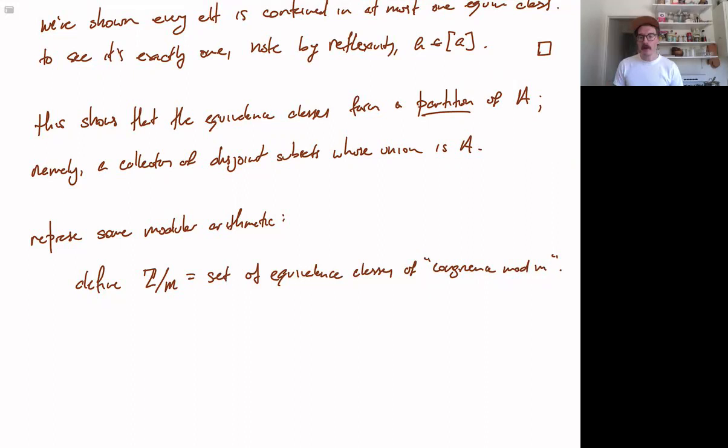And because of what we were saying before, that every element belongs to exactly one equivalence class, and that every element is congruent to exactly one of the numbers 0 through m minus 1, this is essentially the same as what we said before, but phrased in this more flexible language. And indeed, this is how you would generalize these types of ideas if you were going to start doing more abstract algebra.